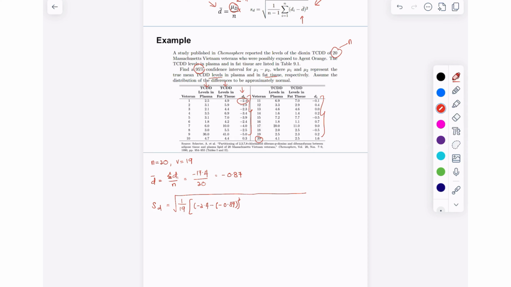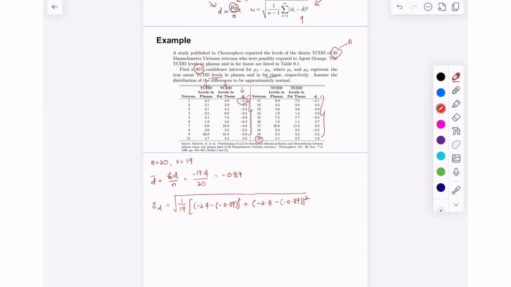Then plus the second difference, d2, which is negative 2.8, minus negative 0.87, squared.